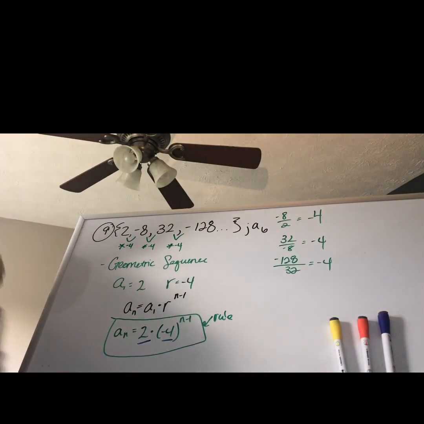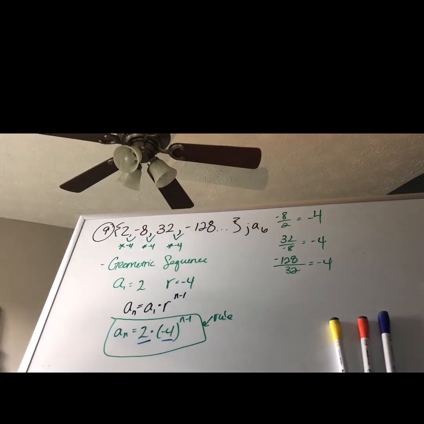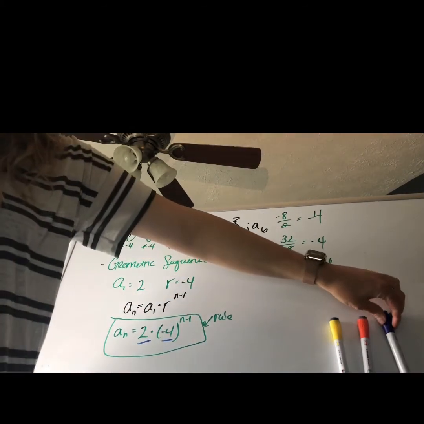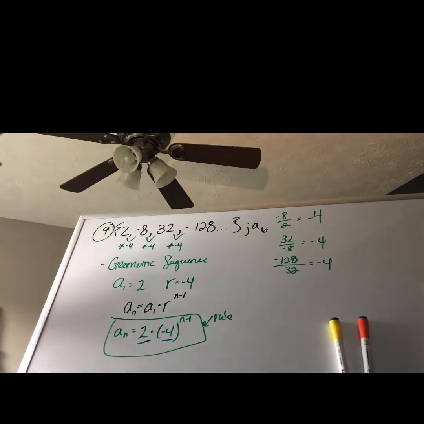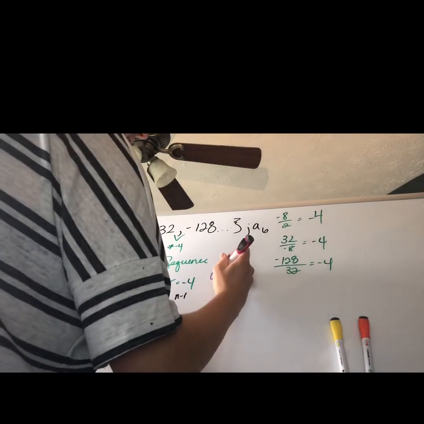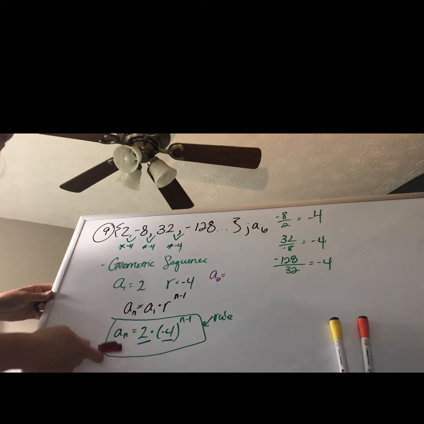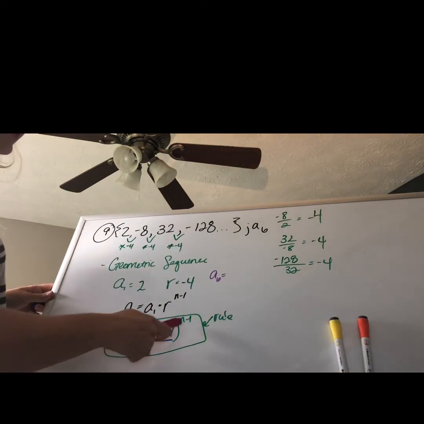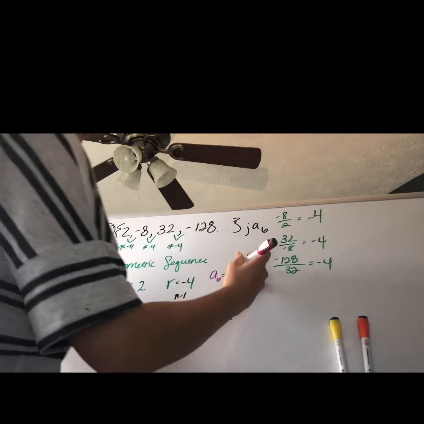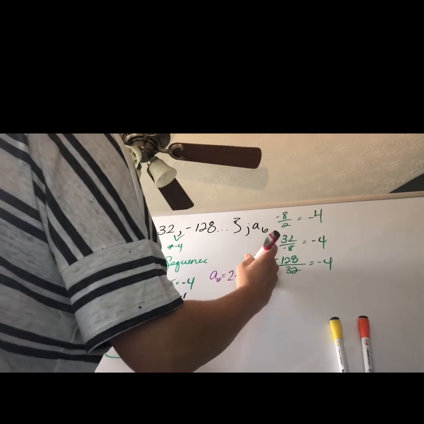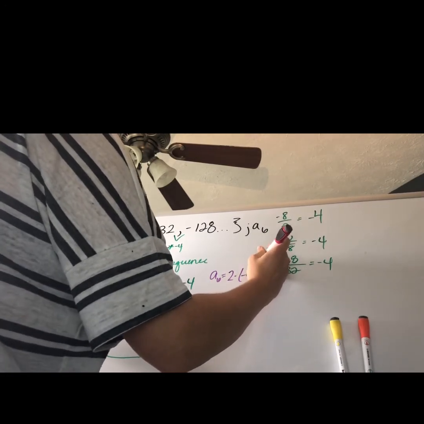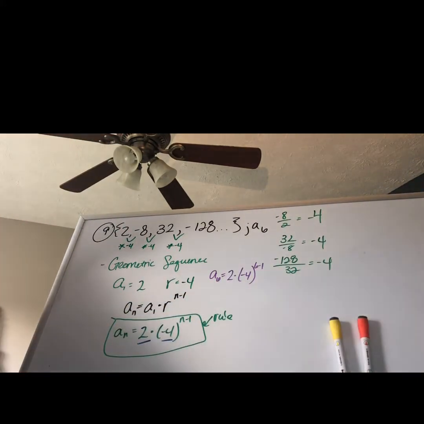So now it wants us to find A6. To find A6, I'm going to go up here. A6 equals this with 6 plugged in for n. So A6 equals 2 times -4 to the 6 minus 1 power.